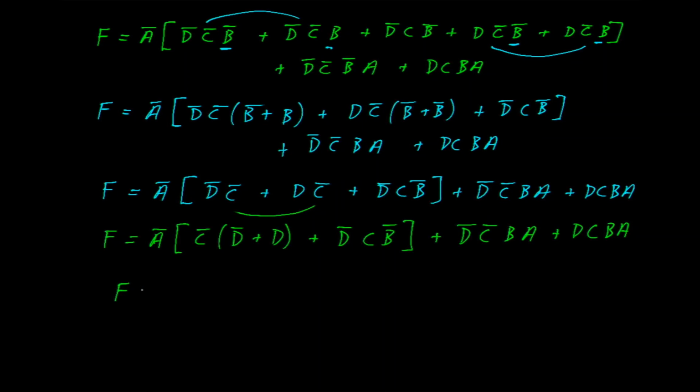Our last step is to distribute this A naught. So that becomes C naught, A naught, or D naught, C, B naught, A naught, and then those other terms that we've carried along.